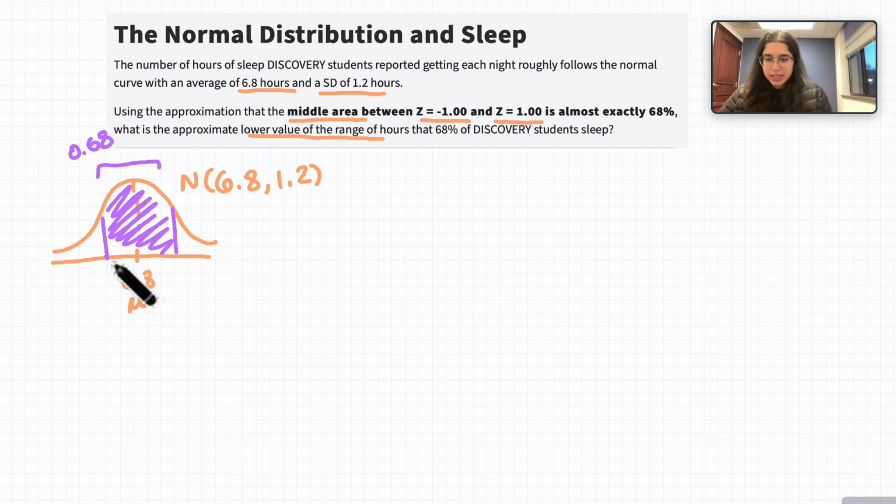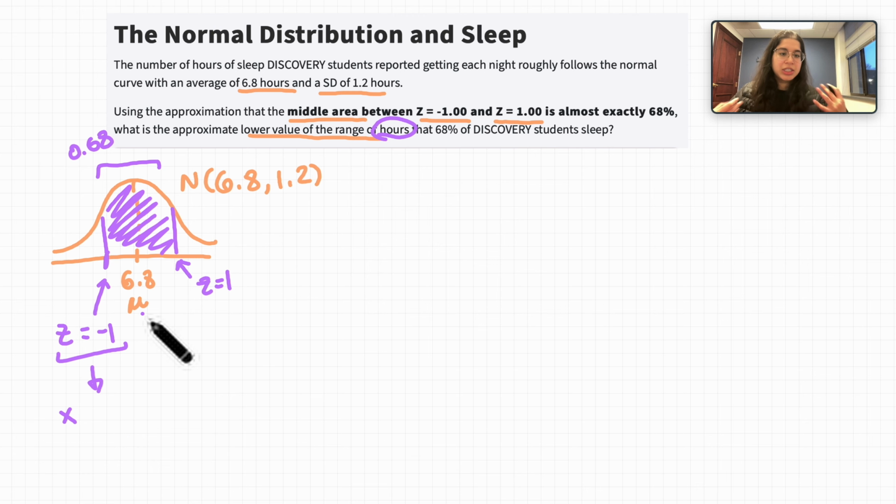My z equals -1 over here, and my z equals 1 over here. So given this z-score, I'm trying to find out what my x is.